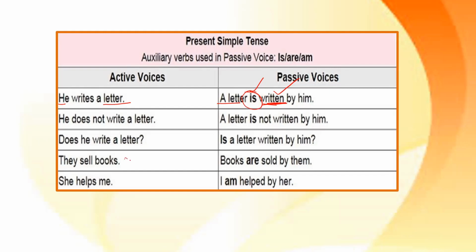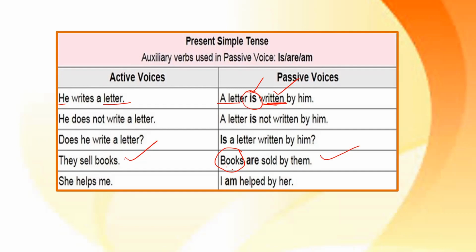See another sentence. They sell books. And in passive voice, books are sold by them. You can see here, books is the object in active voice, has become the subject in passive voice. And they is the subject, and in passive voice it is the object.